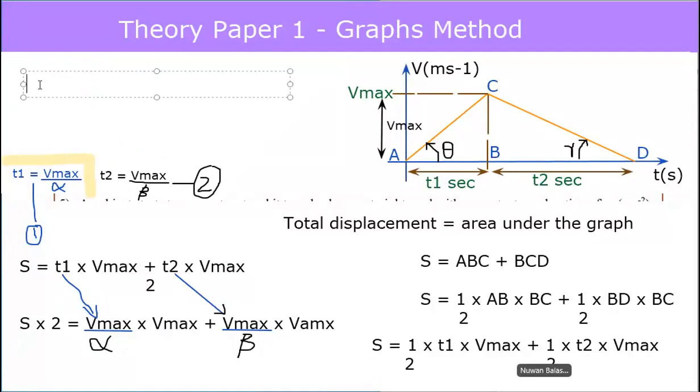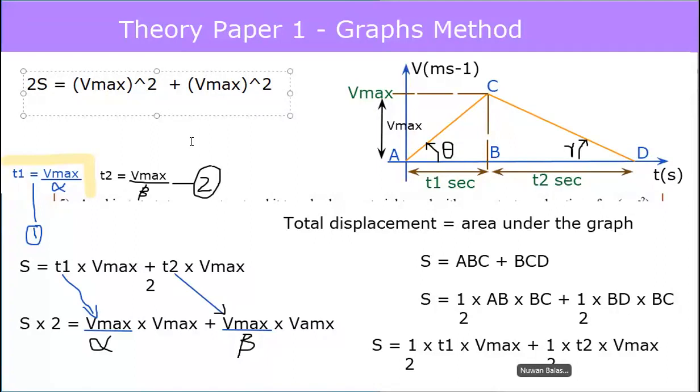S into 2 is 2s equals Vmax into Vmax is Vmax square. Vmax square divided by alpha and plus again Vmax square. I have to write the square like this. I don't have any other option.